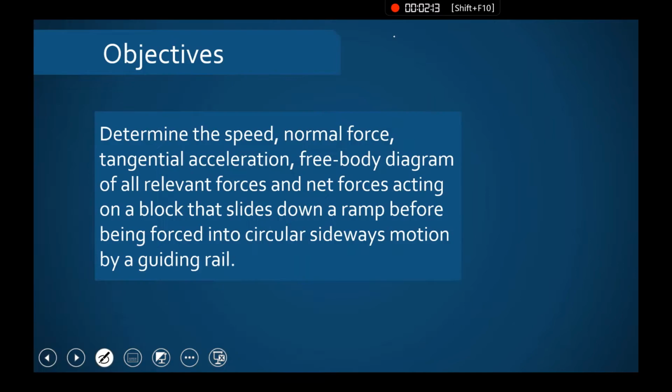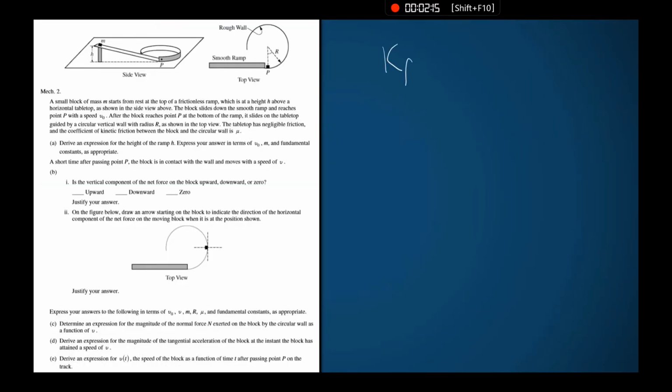Perfect. Did I just skip a slide? I did. Kinetic final is equal to potential energy initial. So that's 1/2 mv squared, and that's v final, is equal to mgh initial. Okay.